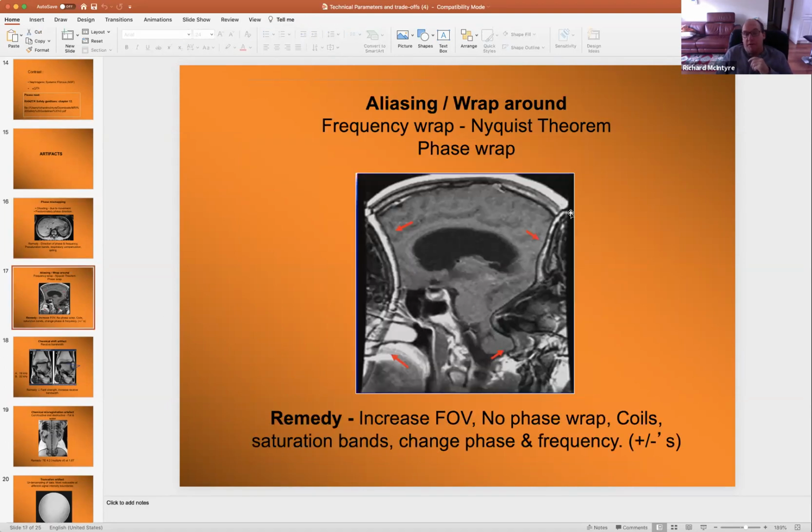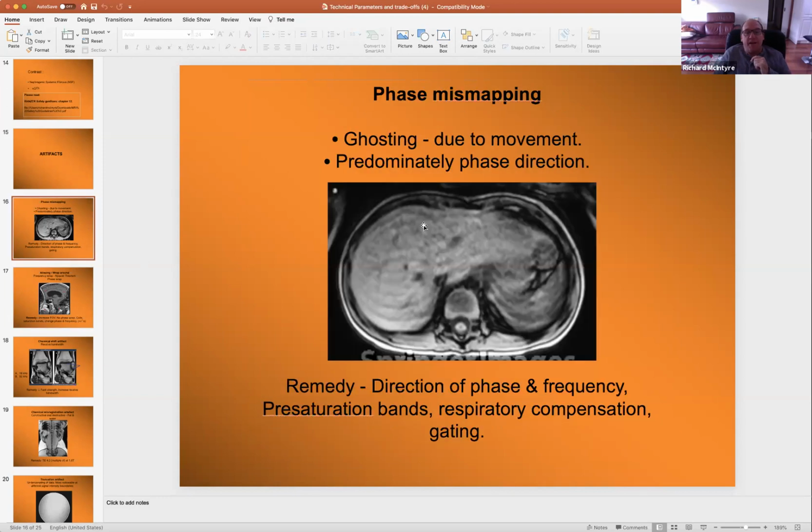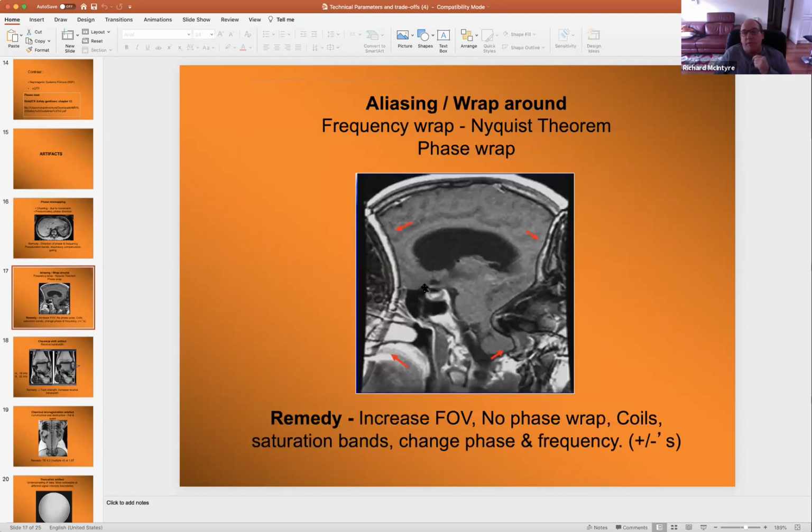Phase wrap, okay, so this is movement in the phase direction. Phase wrap is when you have a small field of view, okay, and the phase encoding extends outside of the field of view, okay? It will always extend outside of the field of view.